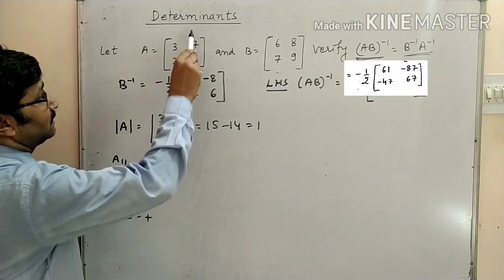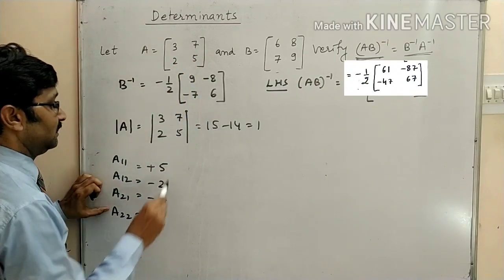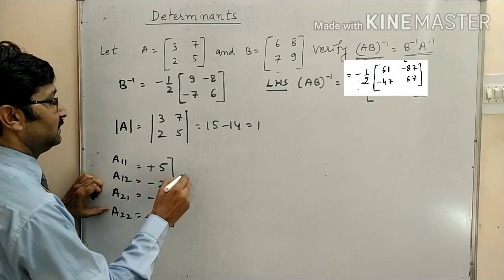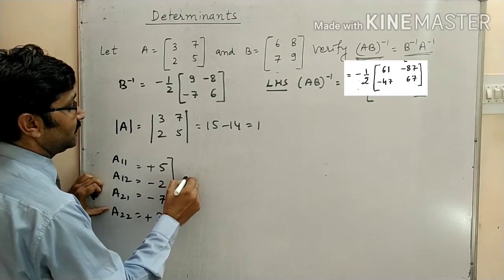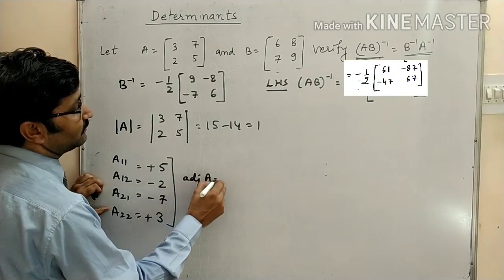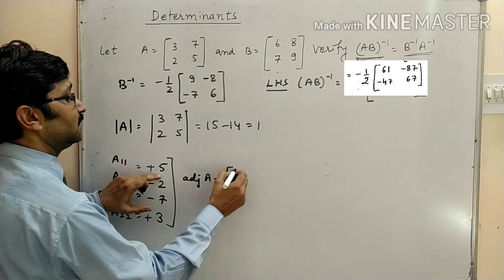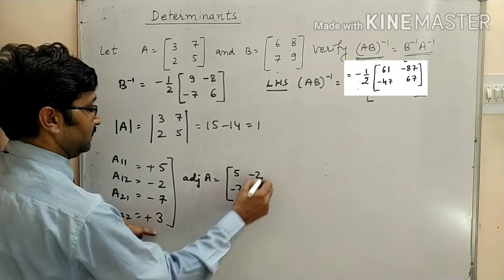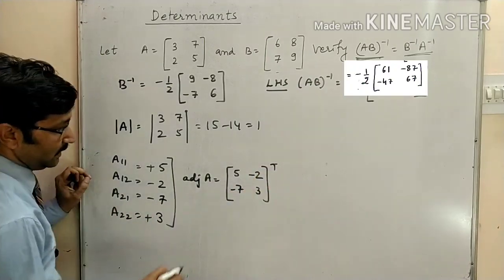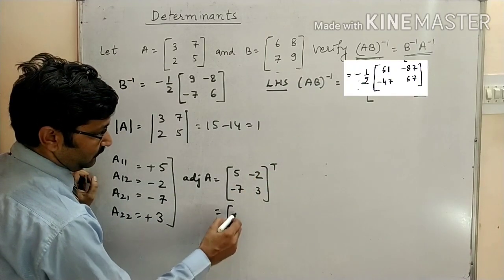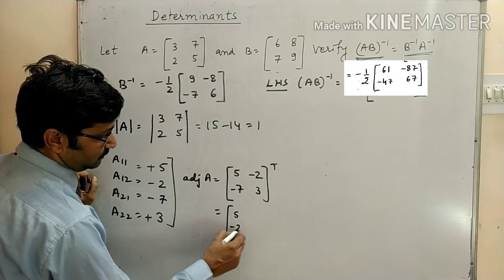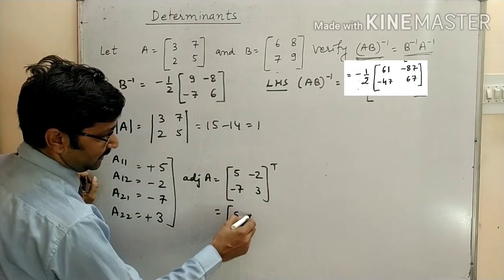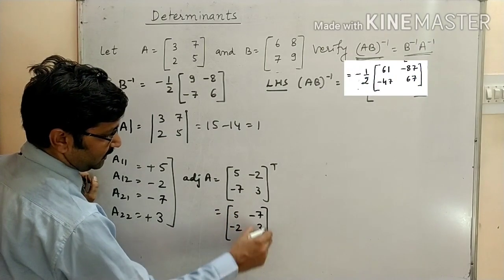Second row and second column you will not take, so 3. By these you find the adjoint A. Adjoint A will be 5, minus 2, minus 7 and 3. This transpose you do, and the transpose will be 5, minus 2 as the first column and 7... minus 7 and 3 as the second column.